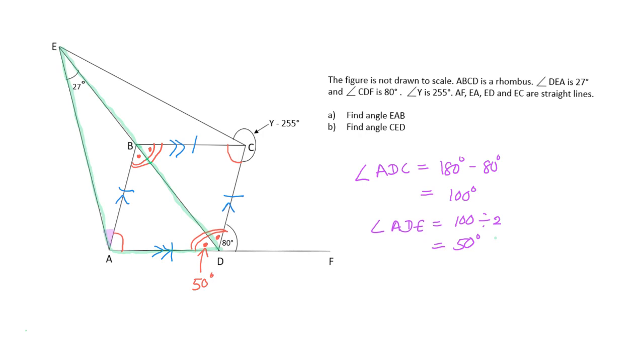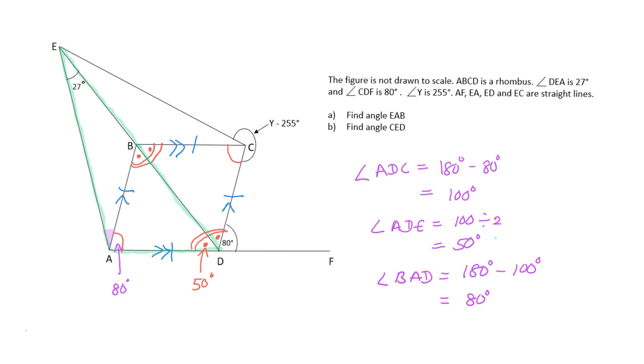So since angle ADC is equal to 100 degrees, angle BAD is equal to 180 degrees minus 100 degrees, which is 80 degrees. So I will mark it here. Angle BAD is equal to 80 degrees.